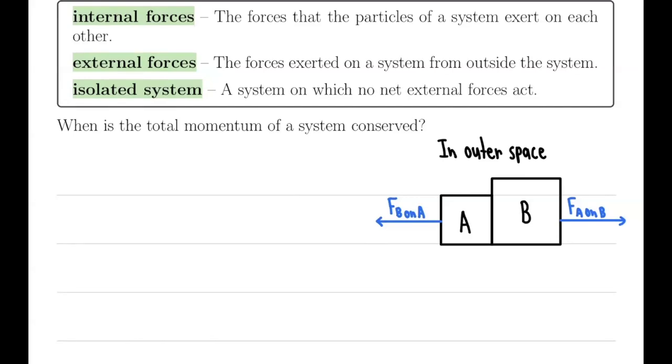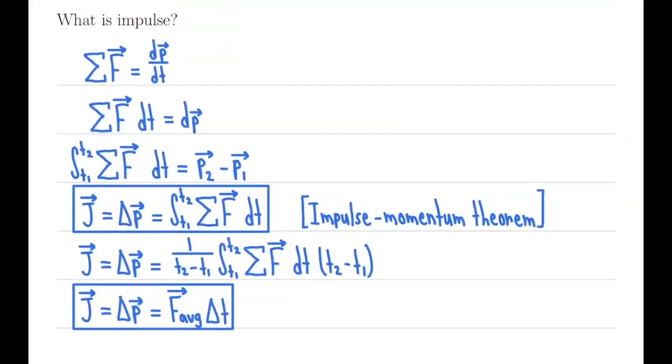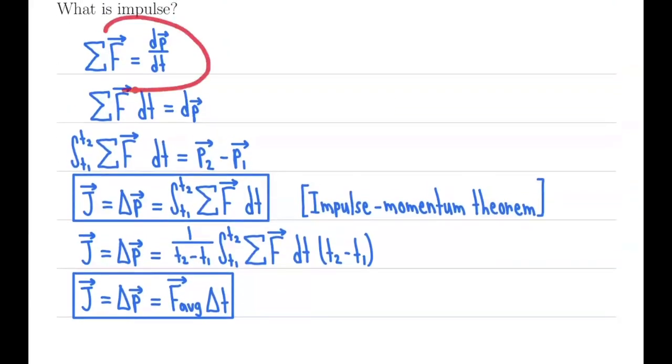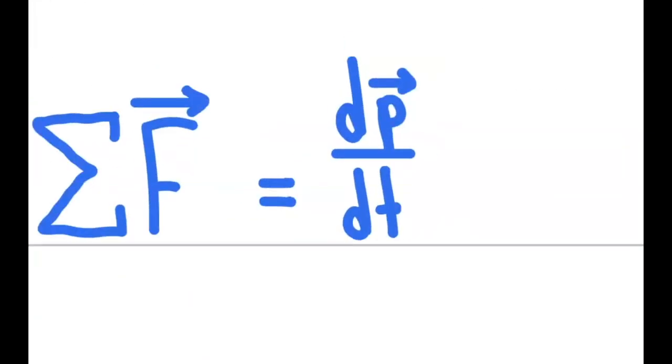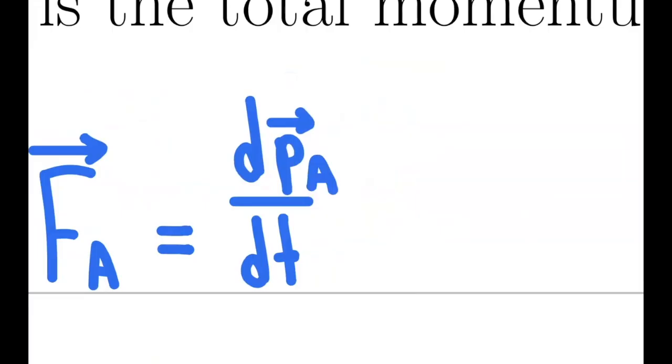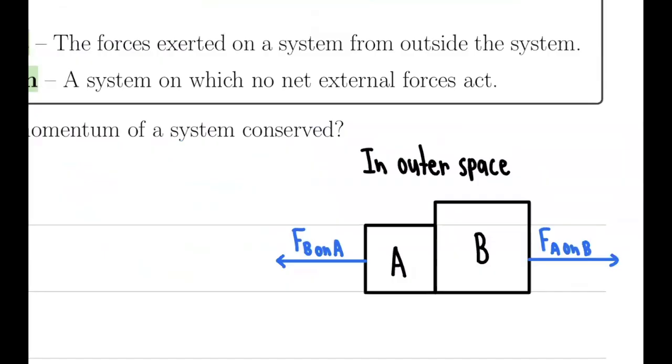What I can do is use Newton's second law in terms of momentum right here. Let's look at A and B separately. So for A, the sum of the forces equals dPA/dt. Okay, so what's the net force acting on A?